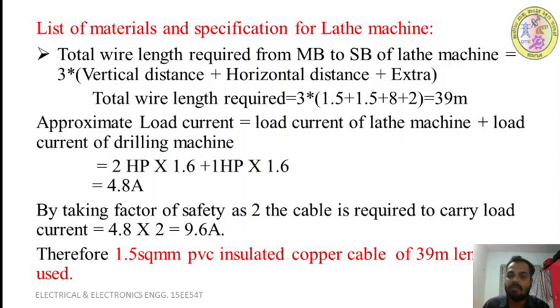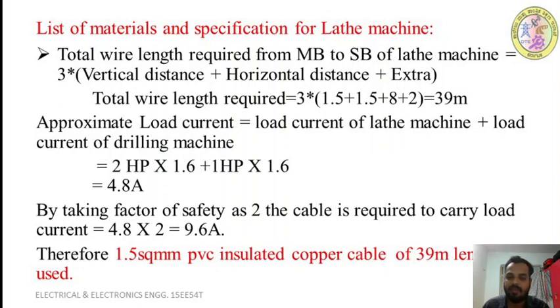The lathe machine is a 3-phase supply, so we need to take 3 wires to bring the power from your main board to the starter board of the lathe. So that is 3 into vertical distance plus horizontal distance plus extra. So total wire length required is equal to 3 into, what is the vertical distance?